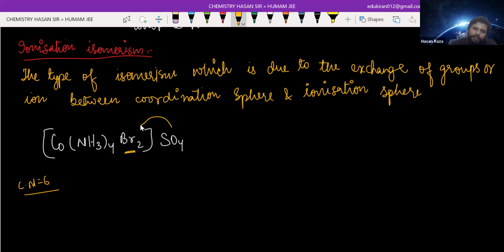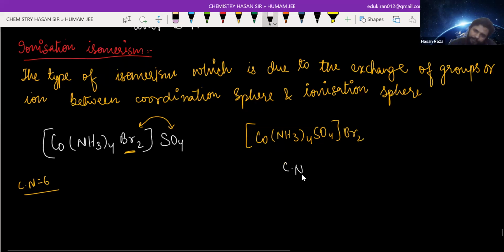Now it will exchange with bromine, and [Co(NH3)4SO4]Br2 will be there, with Br2 outside. The coordination number will stay as it is because SO4 here is acting as bidentate, because SO4 exists as minus 2.